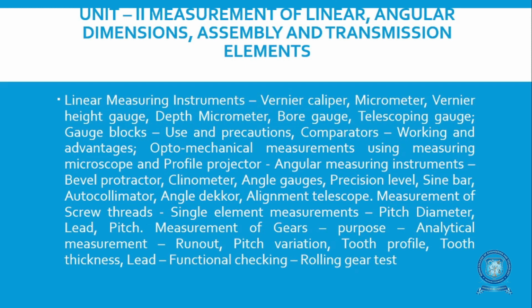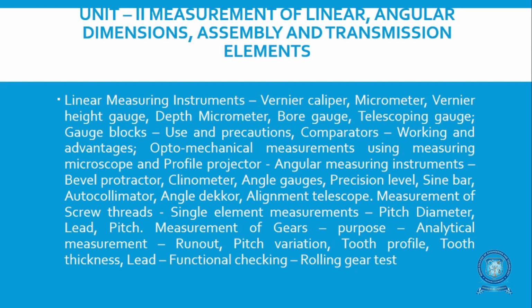In the third phase and fourth phase, we are going to study about the assembly elements, and in the fourth phase we are going to study about the transmission elements. In the assembly elements, we are going to study the measurement of screw threads and screw single element measurements, pitch diameter, lead and pitch of the screw thread.